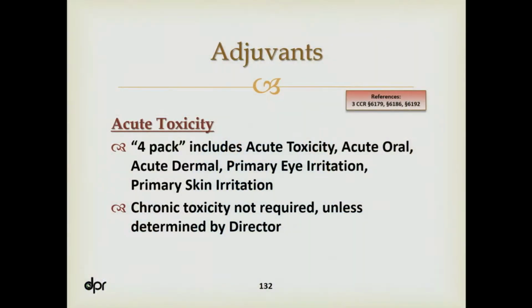At least you have a full database set there for the acute tox data. It's just good practice. And which is unique too, chronic tox data is not really required. I think one other philosophy is that usually an adjuvant is going to be used with a pesticide product, and that pesticide product is more inherently toxic than the adjuvant.